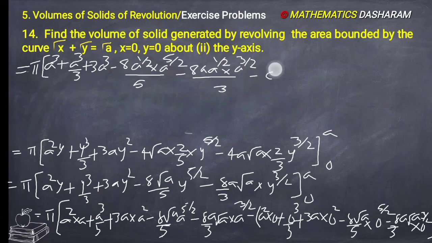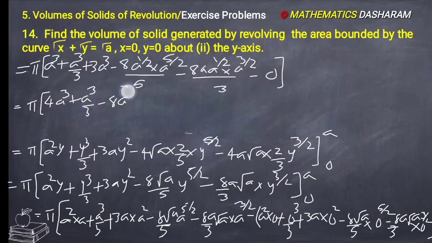Minus this, the total answer is 0. Here a cube plus 3a cube is 4a cube plus a cube by 3. So 8 into a to the power of 1 by 2 into a to the power of 5 by 2 is a to the power of 6 by 2, 6 by 2 is 3, minus 8 into a to the power of 1 by 2 into a to the power of 3 by 2, a to the power of 4 by 2, so a to the power of 4 by 2 equals a square into a cube by 3.